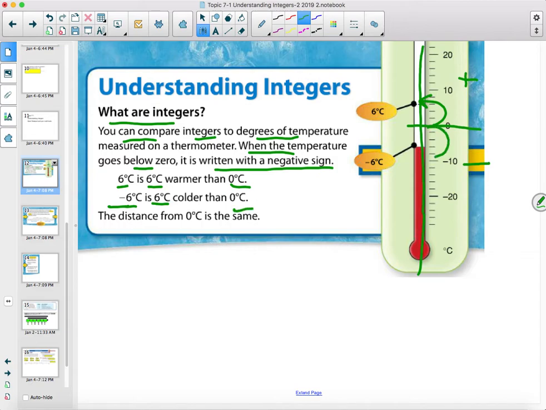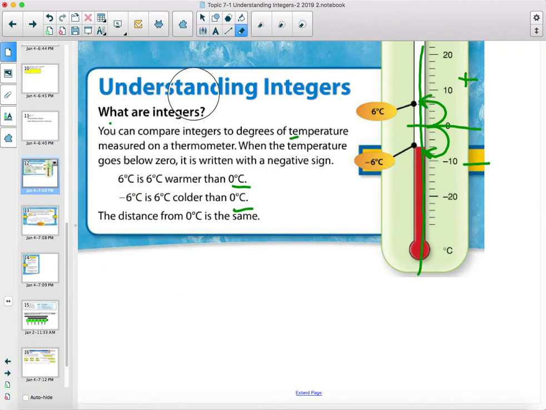Notice how they've said it's 6 degrees colder, and they've referred to the distance as a positive. Even though in this you started with a positive, and in this you started with a negative, they refer to the distance as a positive. Now, in this situation, when you have 6 degrees Celsius and negative 6 degrees Celsius, the distance from 0 is the same.